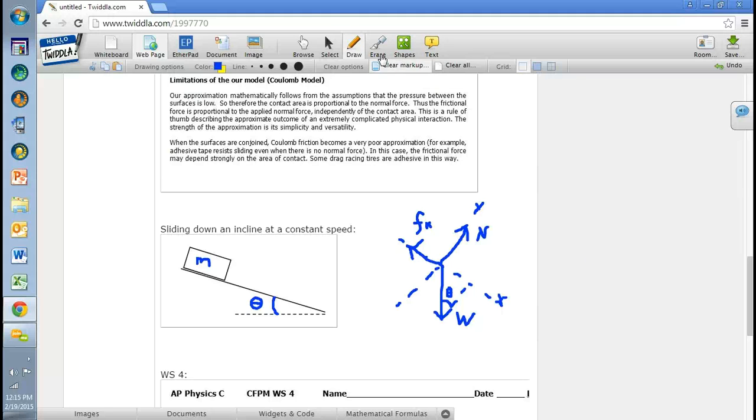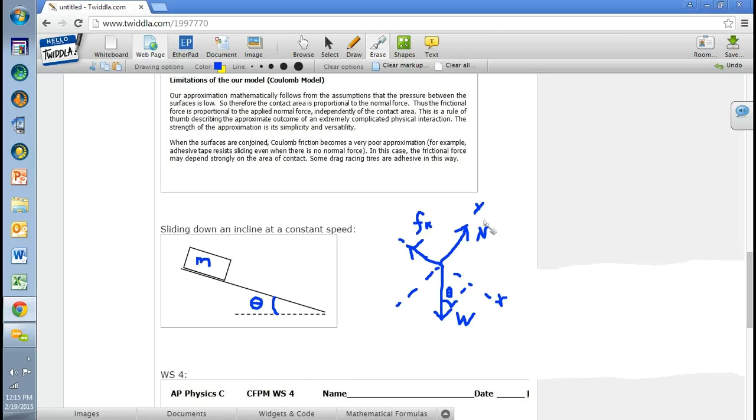All right, so now what I want to do, after I have my free body, what's the next thing I do in my procedure? Yeah, I have to write some equations, right? So I'm going to start off with the y direction.